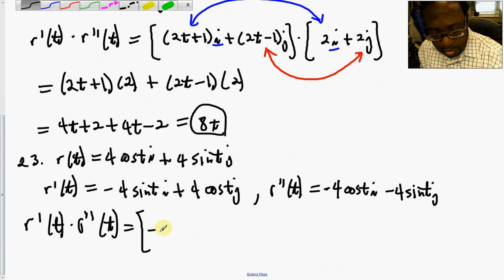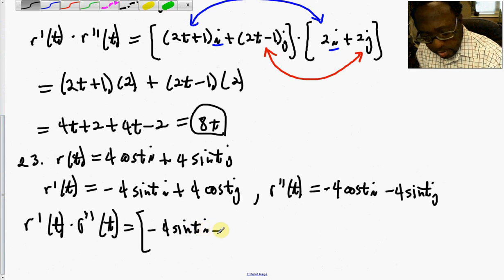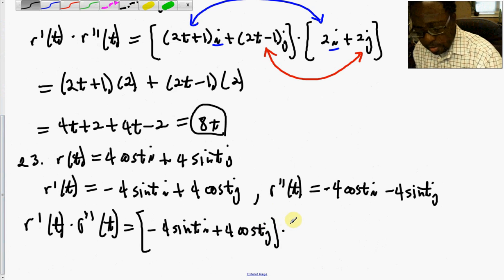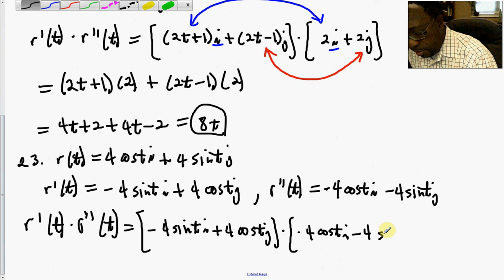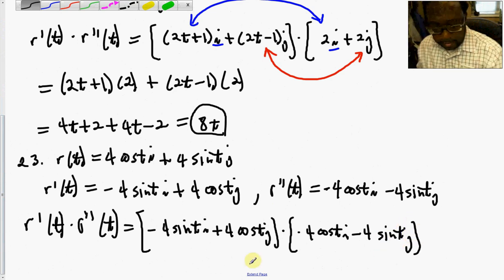So this is negative 4 sine t i plus 4 cosine t j, dot product with r double prime, negative 4 cosine t i minus 4 sine t j.